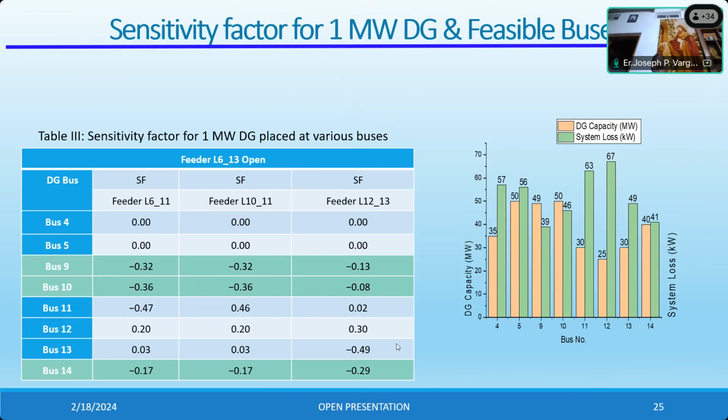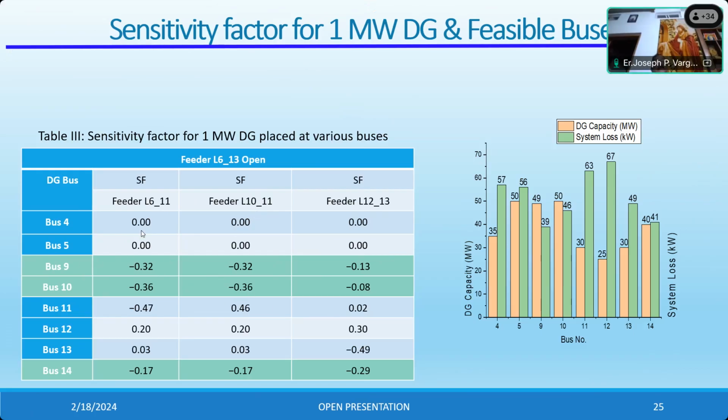That means when DG is penetrated at bus number 9, the flow of line 6-11 is reduced, and 10-11 is also reduced, and 12-13 also reduced. But when we place it at bus number 4, 5, and 11, the flows in 10-11 and 12-13 are not reduced.